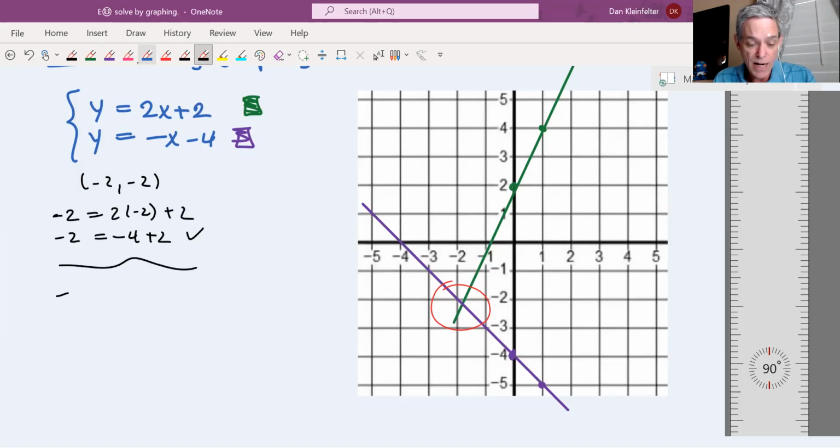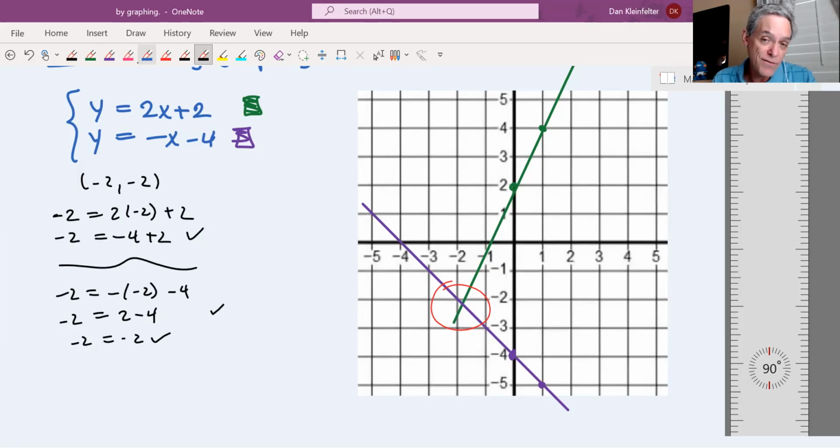For the second one, -2 is -2 minus 4. -2 is 2 minus 4. -2 is -2. So that actually worked. So plugging in the -2, it showed me that that was going to work. I can tell that this won't be that infinitely many solution case because the two lines aren't coincident, judging by their graphs.